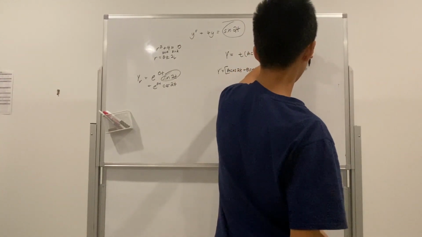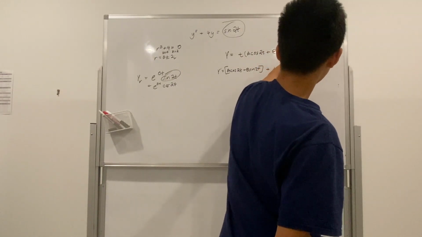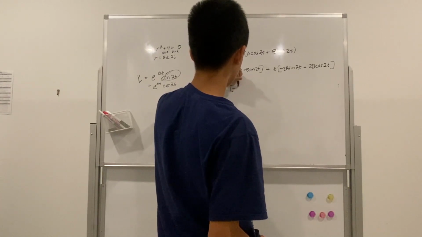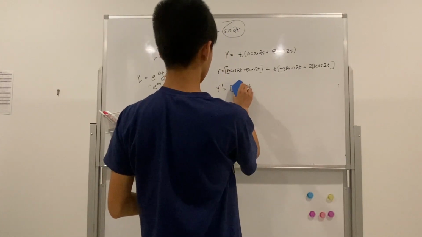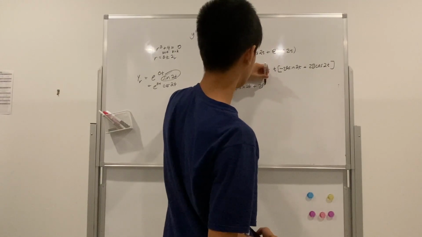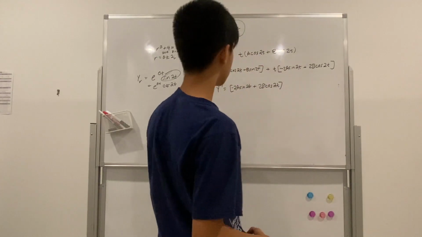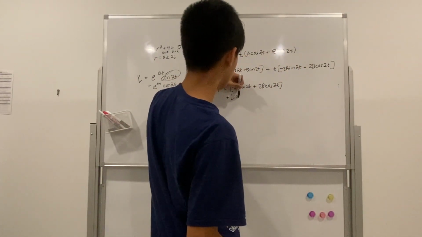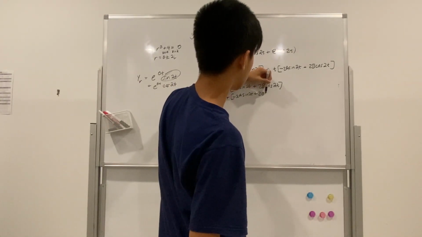Negative 2a sine 2t plus 2b cosine 2t. Forgetting how to take the chain rule for some reason. So y prime is a cosine 2t plus b sine 2t plus t times negative 2a sine 2t plus 2b cosine 2t.